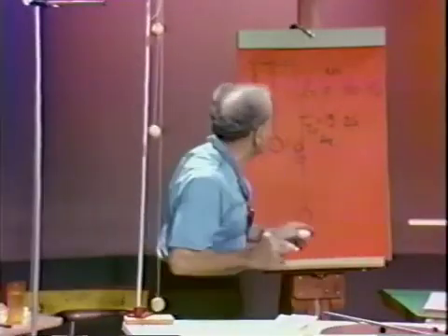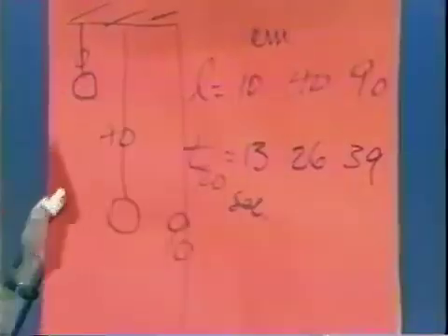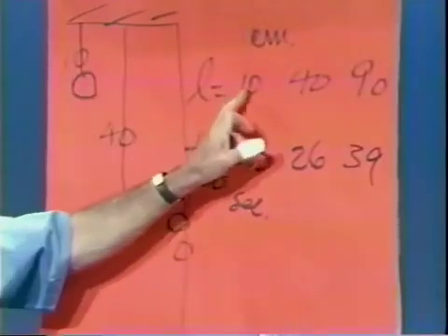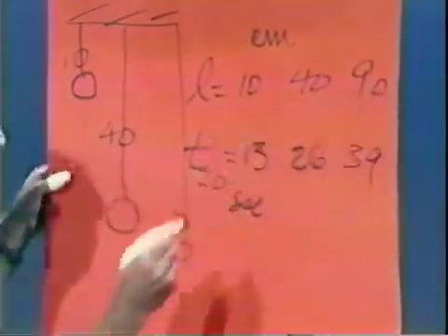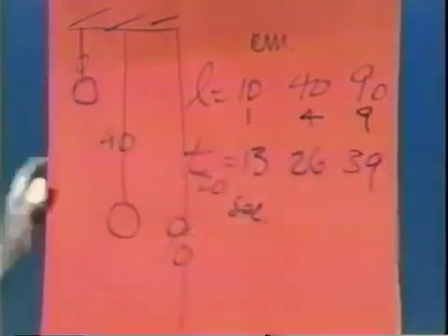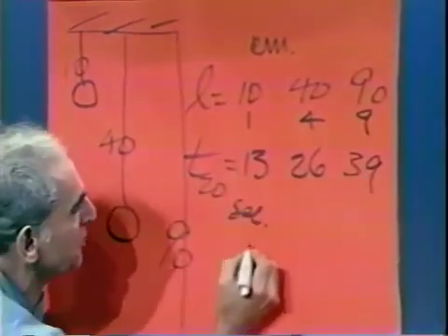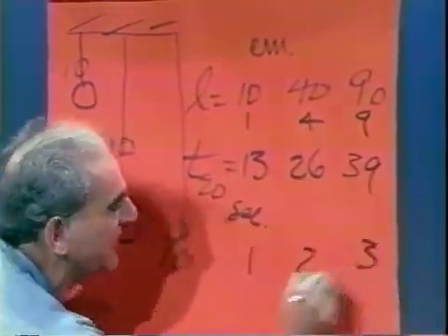I count 20 oscillations, and lo and behold, I get 39 seconds. Look, 10, 40, 90. They are in the ratio of 1 to 4 to 9. 13, 26, 39. They are in the ratio of 1 to 2 to 3.